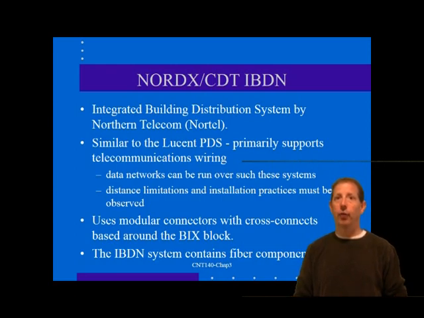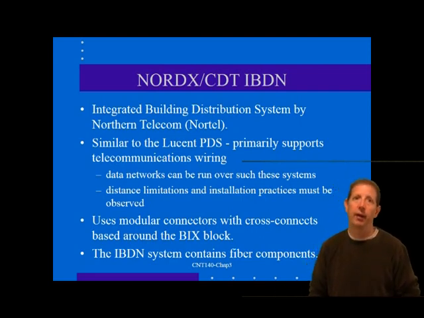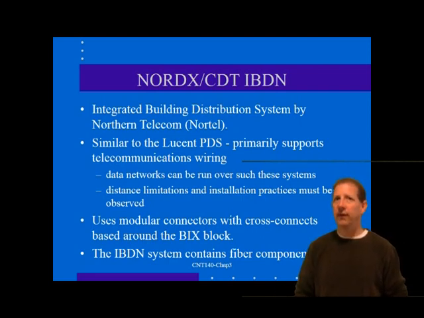Now, another variant of twisted pair wiring is the Integrated Building Distribution System, originally put forth by Northern Telecom, often referred to as Nortel. The IBDN components are now marketed by Nordics/CDT, a Nortel spinoff. This system is quite similar to the Avaya, Lucent, and AT&T PDS and supports telecommunication wiring.